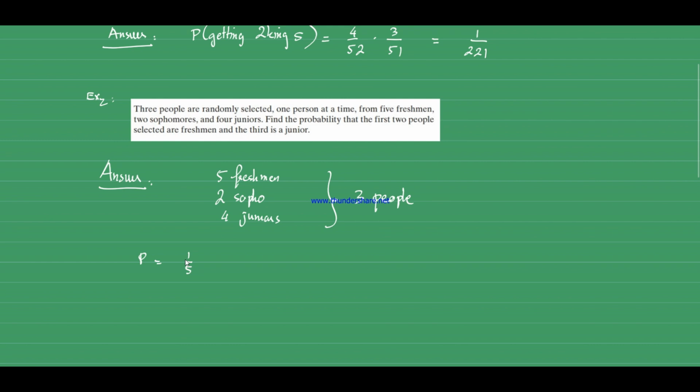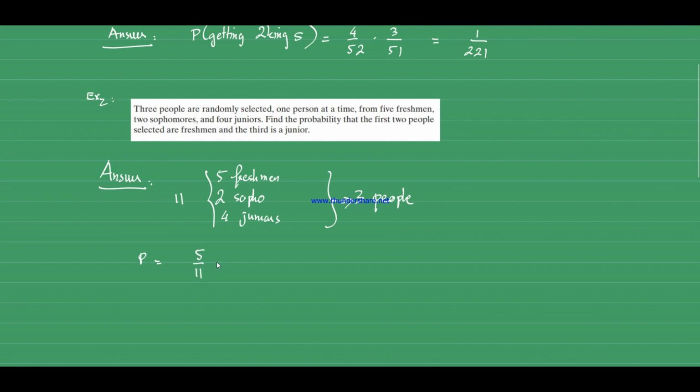So we have 5 freshmen. Something is not right over here. So in total we need to know the sample space. The total is 11. So the first one will be 5 over 11, the first freshman.